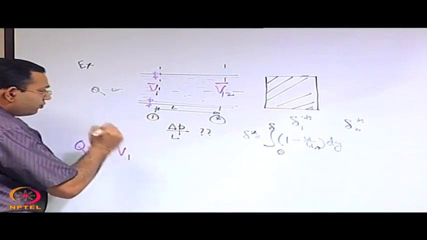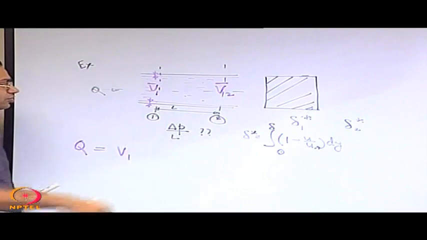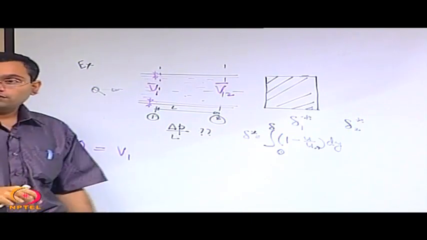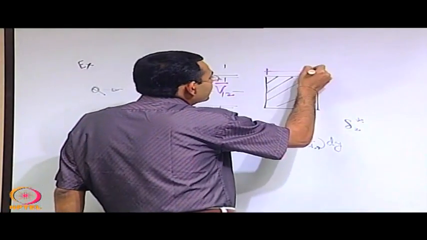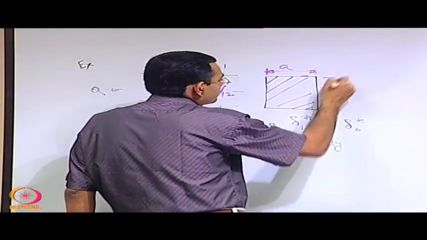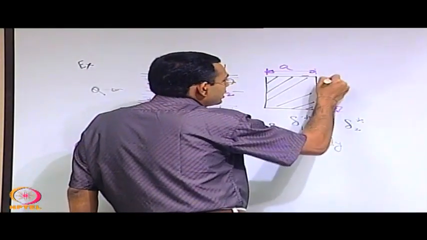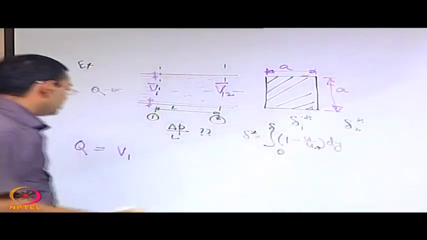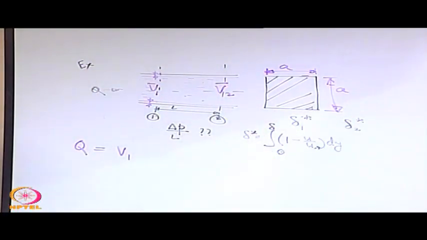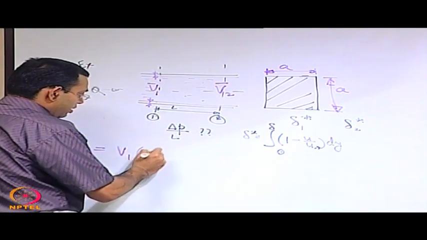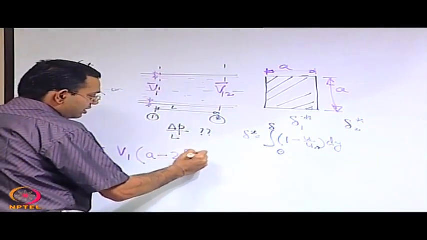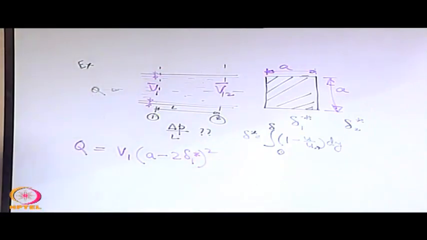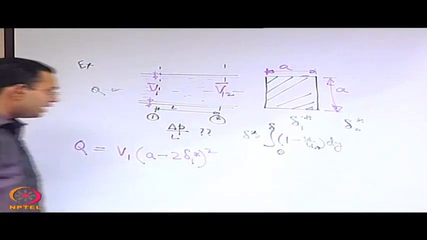Q equal to V1 into the equivalent A1. Let us say that the square has a section A by A. This is the section of the wind tunnel. So V1 into (A minus 2 delta 1 star) squared, that is equal to the corresponding expression at section 2.